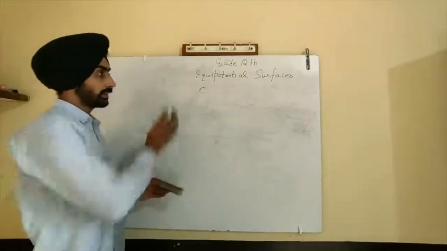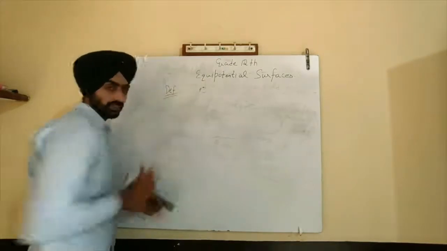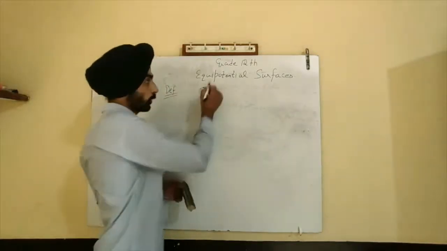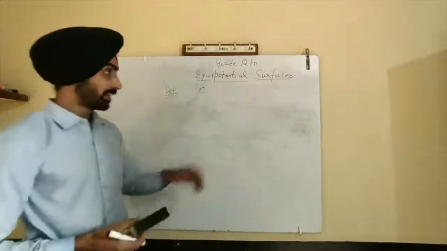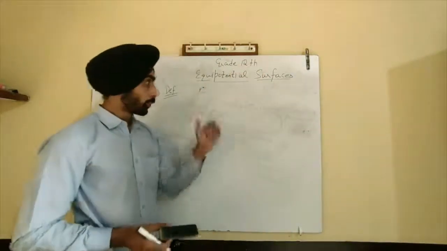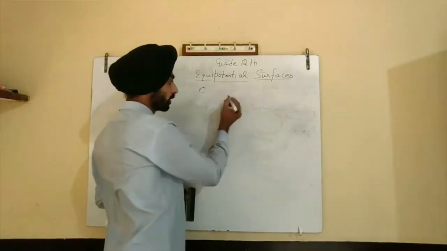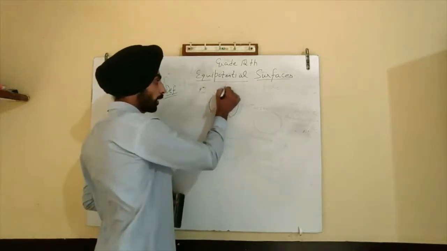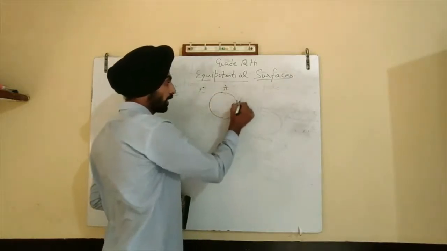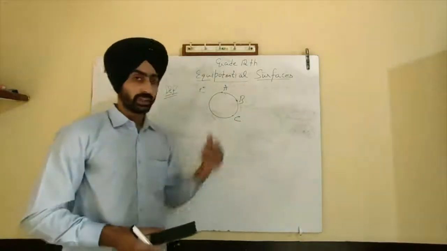So first of all, the definition of this part. What is an equipotential surface? What is the definition? The potential will be equal on this surface. Suppose a surface is there, with point A, point B and point C. They are on the same surface.